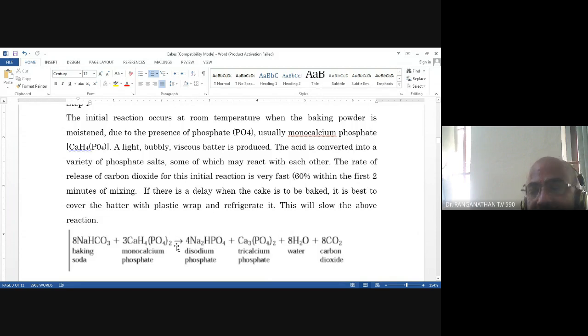And one more thing we'll see later is that you cannot beat the cake batter after the leavening agent is added. Normally, leavening agent is whisked in or just mixed and immediately kept. Why? To prevent the loss of carbon dioxide. So this happens at room temperature.